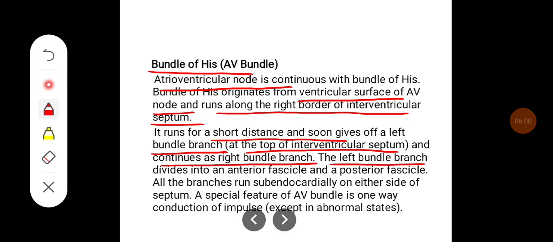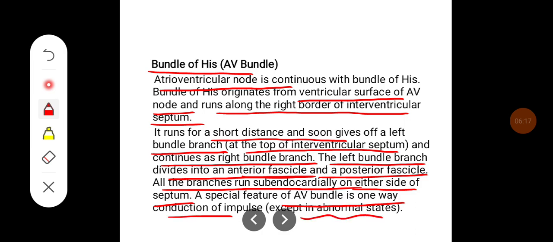The left bundle branch divides into an anterior fascicle and a posterior fascicle. All the branches run subendocardially on either side of the septum. A special feature of the AV bundle is one-way conduction of impulse, except in abnormal cases.